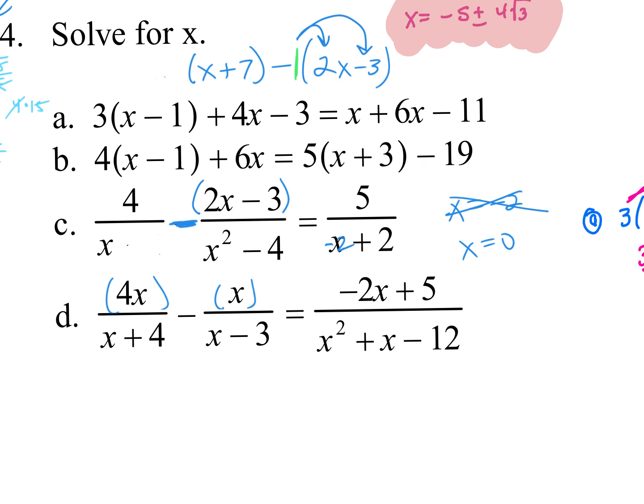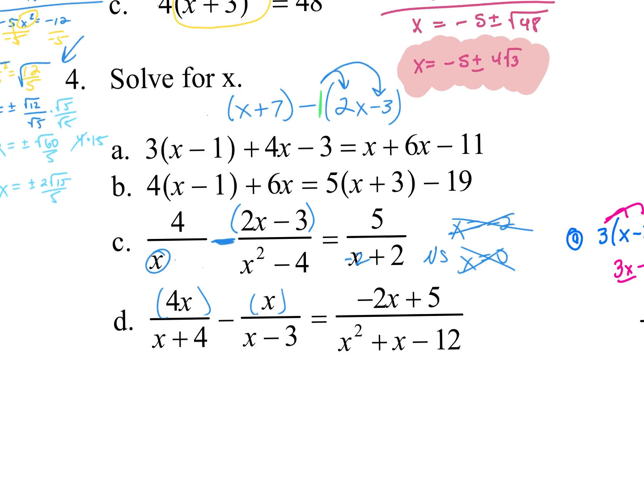I see, oh, if I plug in -2, my denominator becomes 0. Okay, good, I crossed that one out. But then I notice, oh, wait a second, if I put 0 here, that one doesn't work either. Then that becomes no solution. But if only one of them works, then you just cross off the one that doesn't and circle the one that does. Because the one that doesn't is called extraneous, it's extra. Does that make sense? Everybody with me?